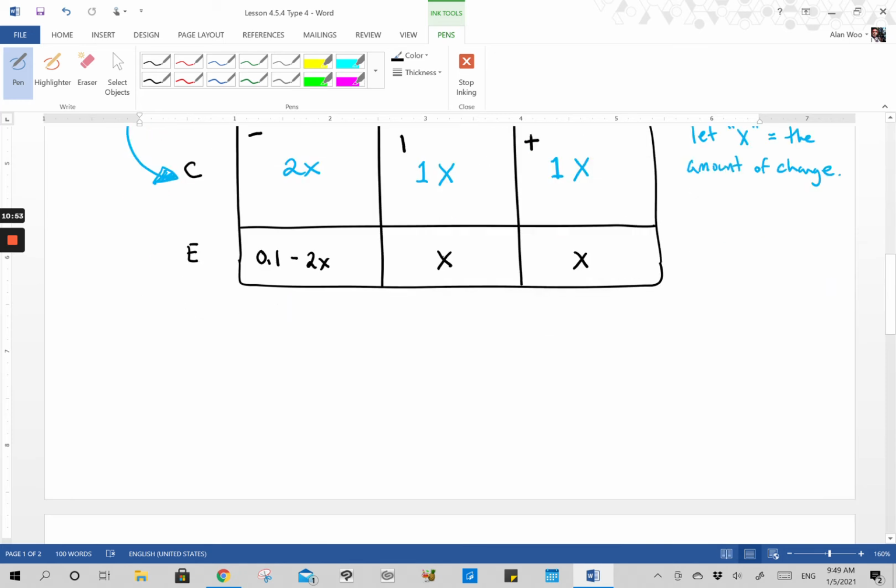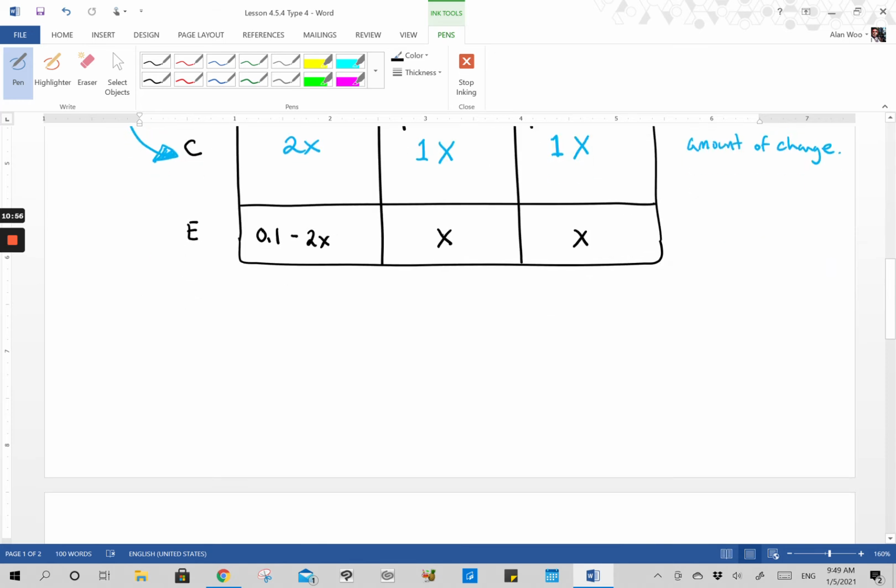So I'll set up the expression right here. KEQ is going to equal your products over the reactants. So we have H2 times Br2 over HBr, but because there's a coefficient 2 in front of the HBr, that coefficient becomes the exponent.